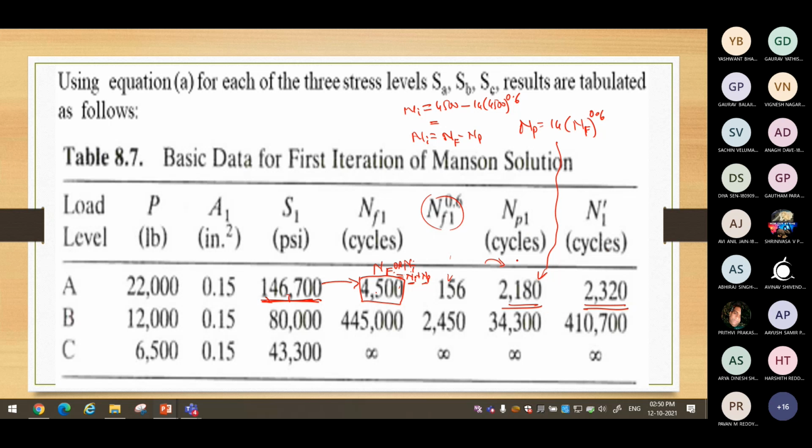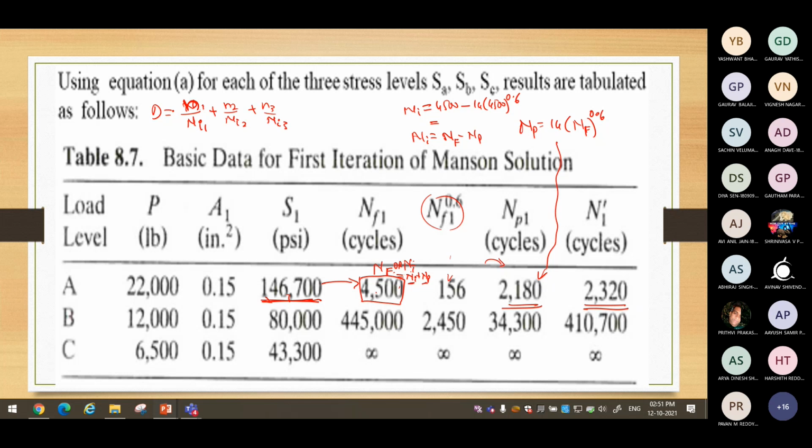Initially you calculate that and differentiate between initiation and propagation, because when you use the damage rule you have to use it twice. The applied number of cycles you first divide by the cycles for initiation: N1 by Ni1, plus N2 by Ni2, plus N3 by Ni3.